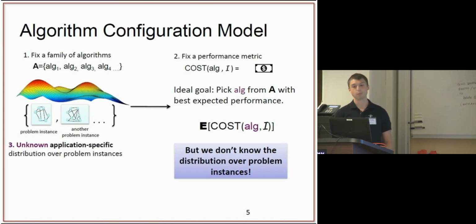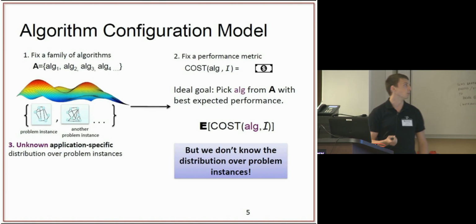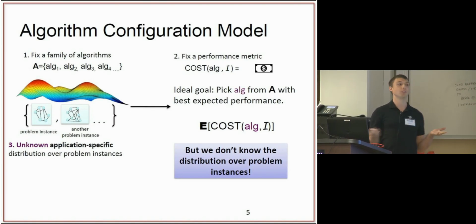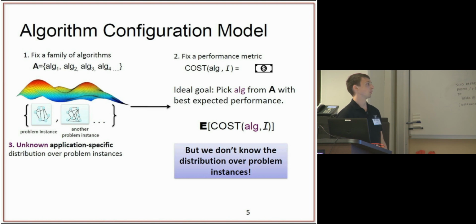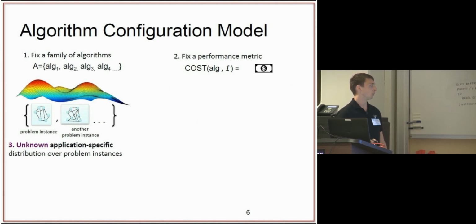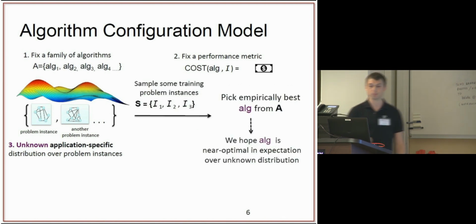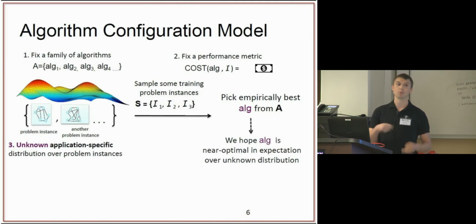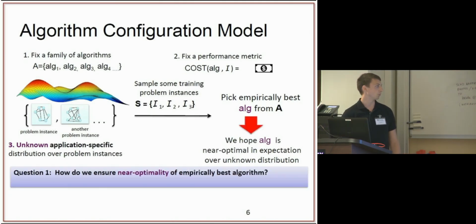What would be ideal is if we can pick the best algorithm from the class for our distribution, but we don't even know the distribution, so this is a bit too much to ask. So instead what we do is we sample from the distribution and then find the empirically best algorithm and hope that it's close to the optimal over the distribution.